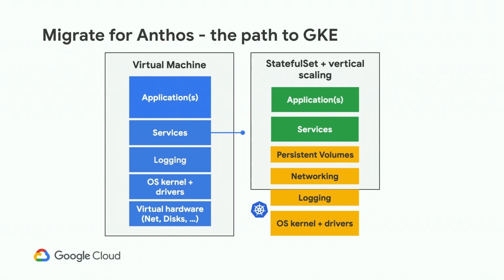For storage, we're not going to have virtual hardware anymore; we're going to have persistent volumes. Networking, we will use GCP networking. We can also leverage Istio for load balancing and whatnot if a customer has a preference. Logging will be in GCP logging and Stackdriver. And Kubernetes will be managing the kernel and the drivers.